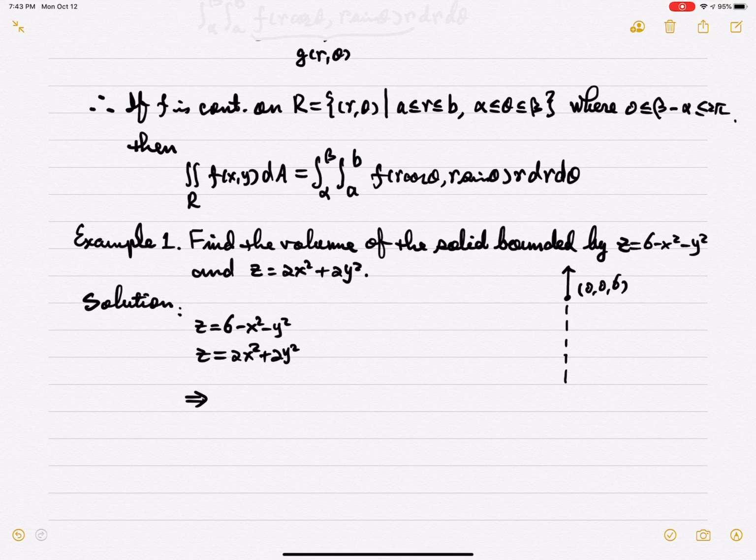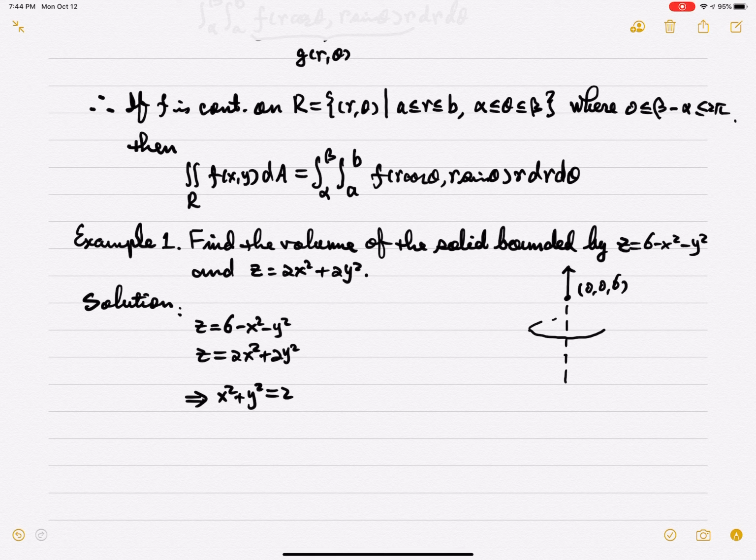You will have 3x squared plus 3y squared equal to 6, which means x squared plus y squared equal to 2. When x squared plus y squared equals 2, then z is equal to 4. So they intersect at z equal to 4, about here, and the radius is root 2. So it's a circle.